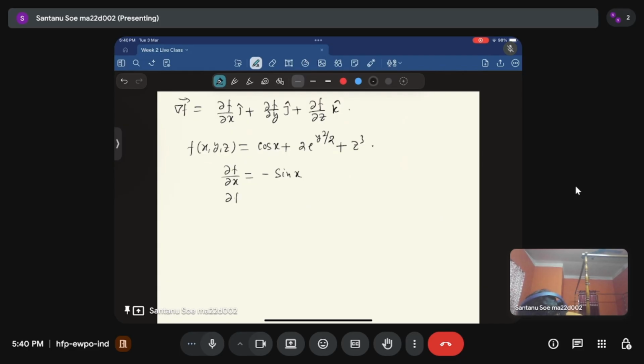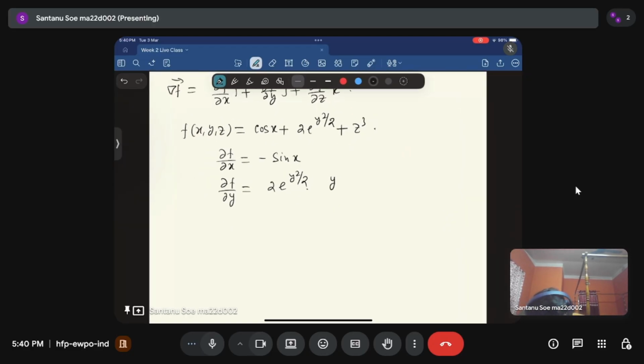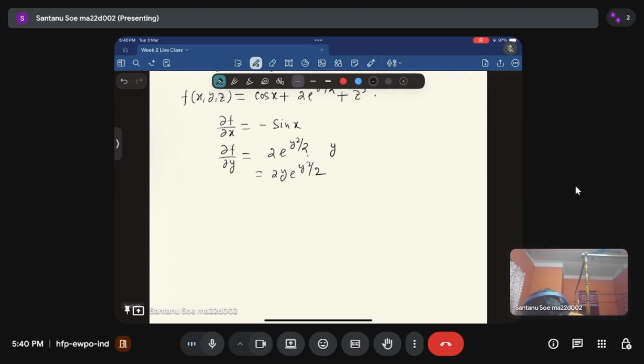Similarly, del f del y is going to be 2 e to the power y square by 2 into y, because derivative of y square by 2 will be just y. So this is simply 2y e to the power y square by 2.